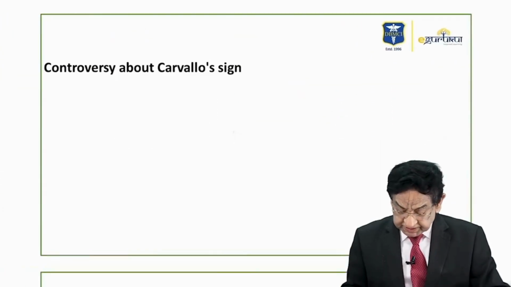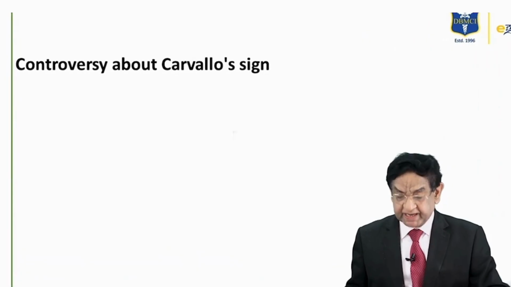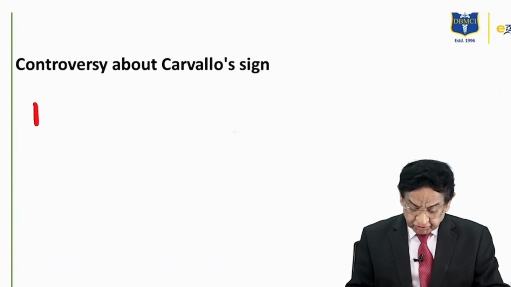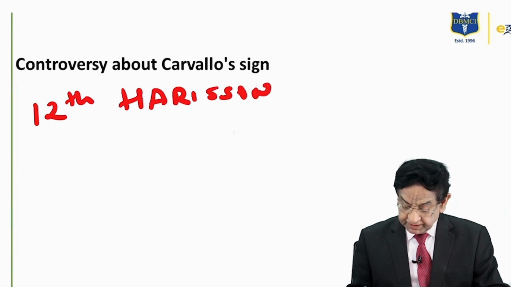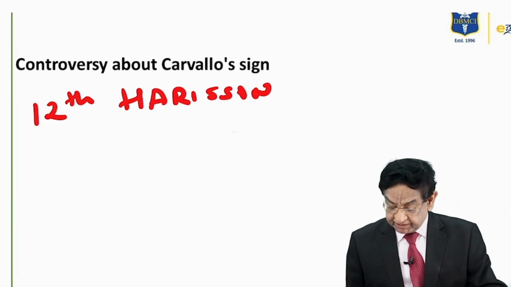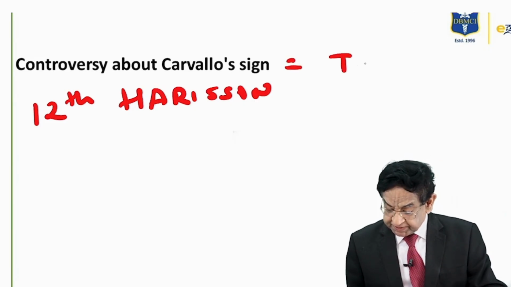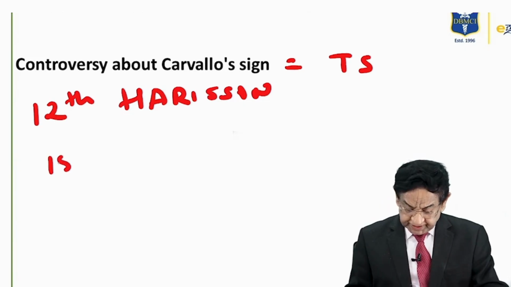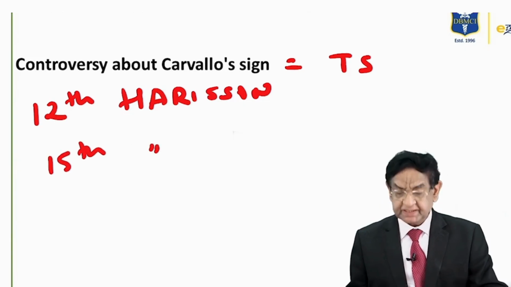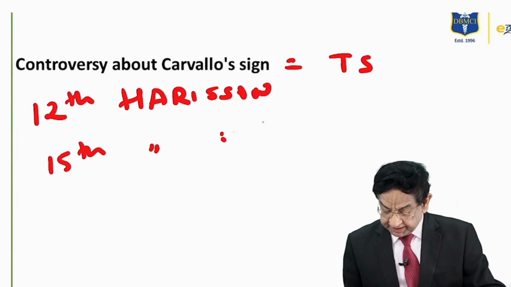Well, there is some big controversy about Carvallo sign. If you read the 12th edition of Harrison, it is written that this sign is seen in tricuspid stenosis. If you read the 15th edition of Harrison, it is seen in early TR.